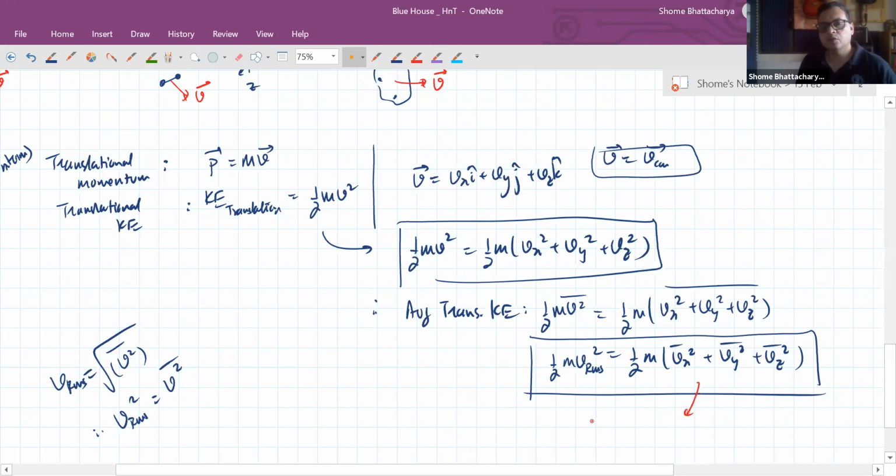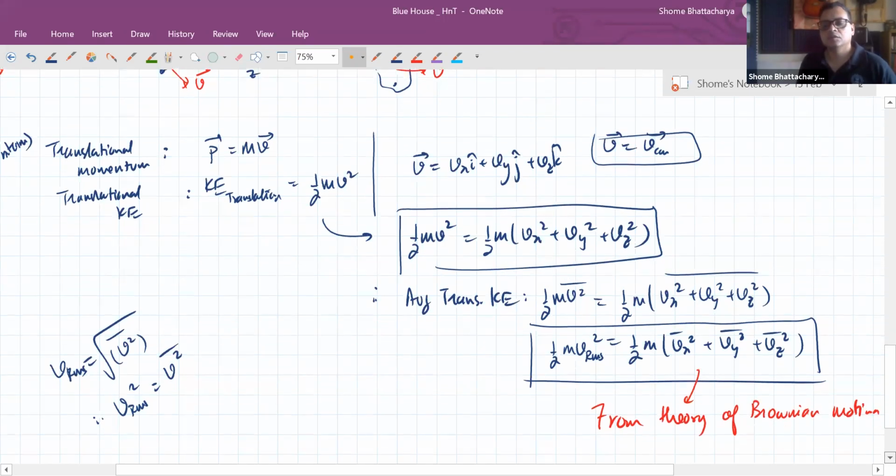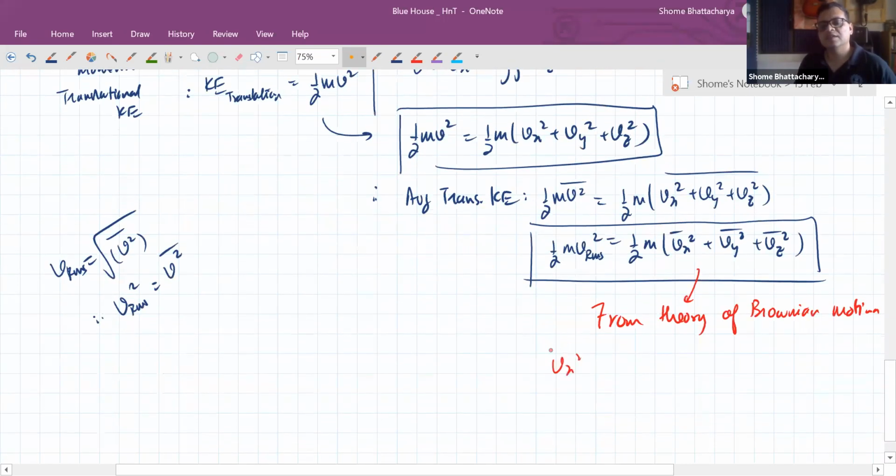From the theory of Brownian motion, each of these are equal: vx squares average is equal to vy squares average is equal to vz squares average, which becomes 1/3 of vrms square.